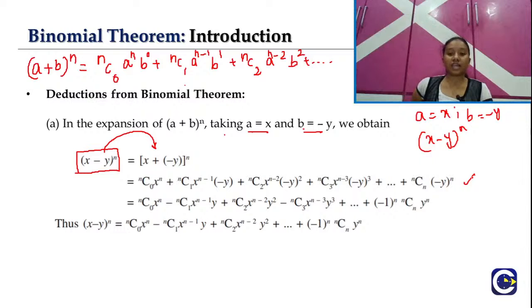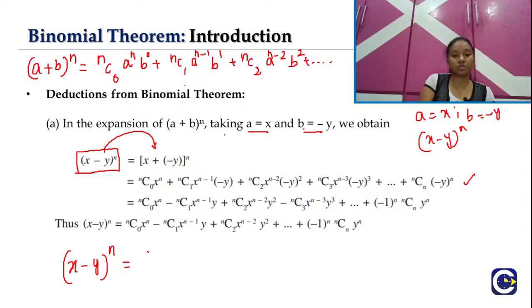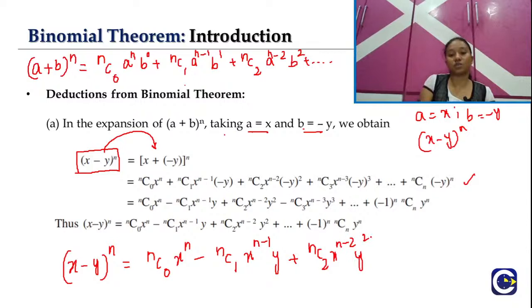So this can be simplified as nC0 x power n. Here it's minus y, so bring the minus to the front, so it will be minus nC1 x power n minus 1 y, and then plus, minus, plus, minus. Here you can see that there is the alternating plus minus plus minus. So this expansion can be generalized and written as (x minus y) whole power n equal to nC0 x power n minus nC1 x power n minus 1 y plus nC2 x power n minus 2 y square, and so on.